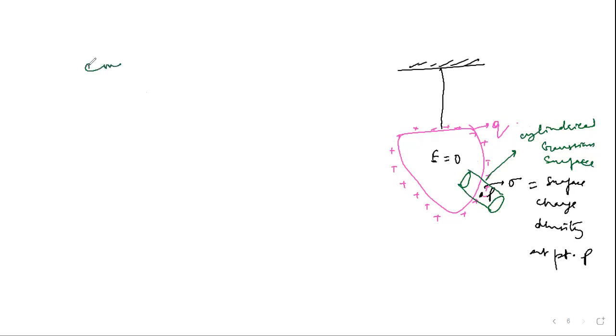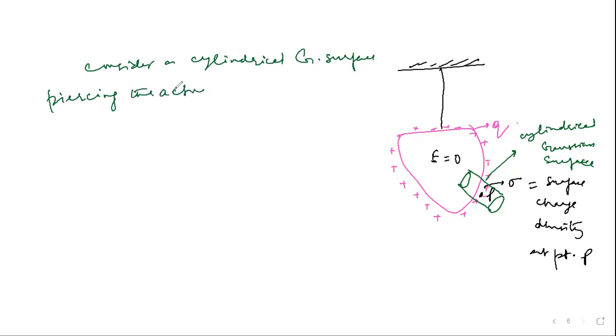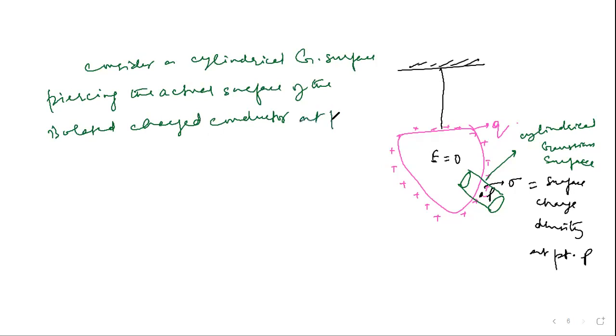So consider a cylindrical Gaussian surface piercing the actual surface of the isolated charged conductor at point P. Let A be its area of cross section.